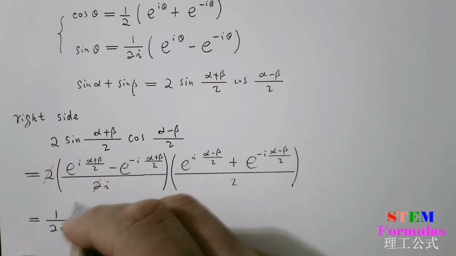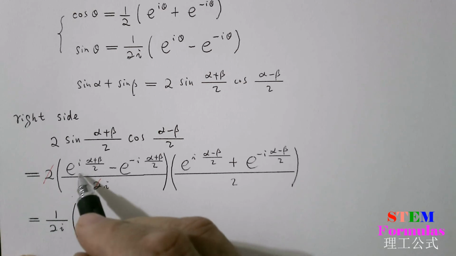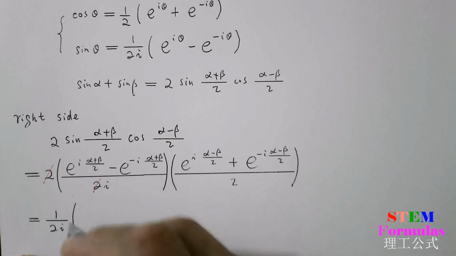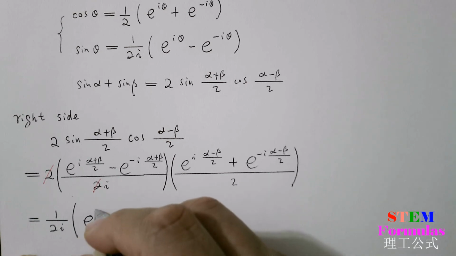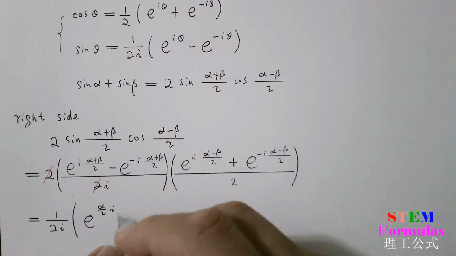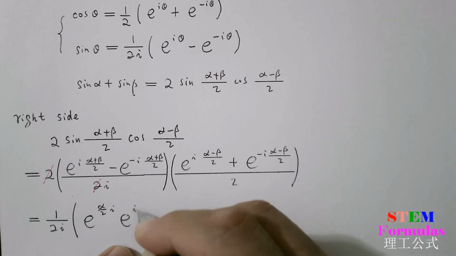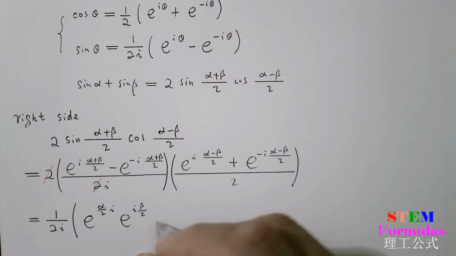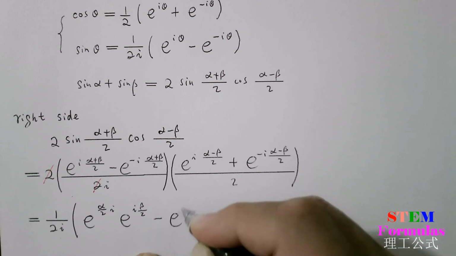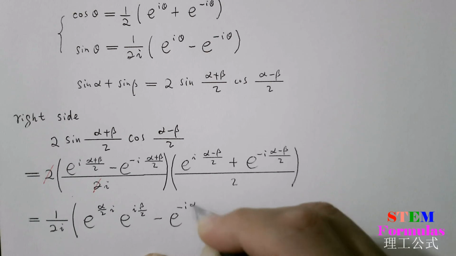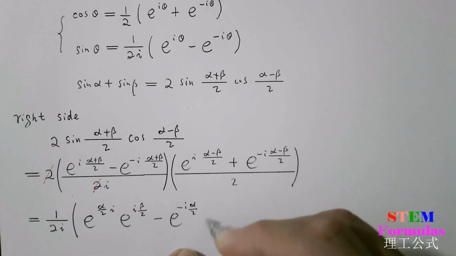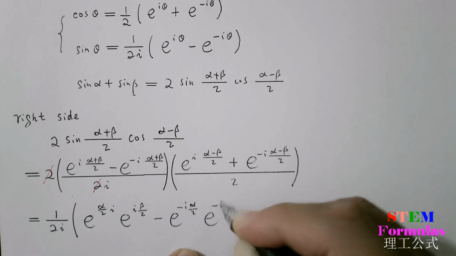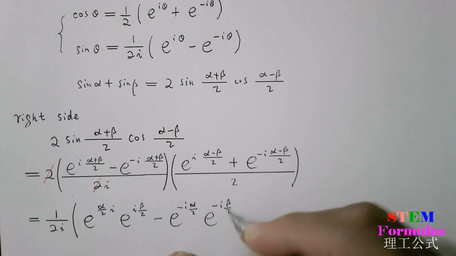Now this term we can simplify as e to the I alpha divided by 2 times e to the I beta divided by 2, minus e to the minus I alpha divided by 2 times e to the minus I beta divided by 2.